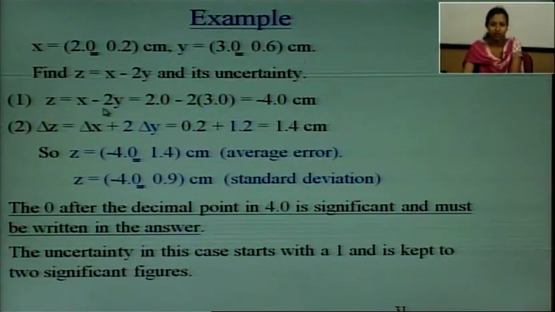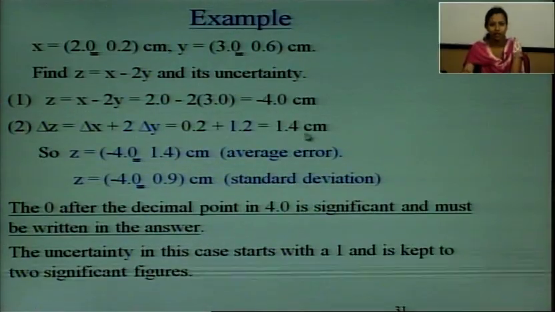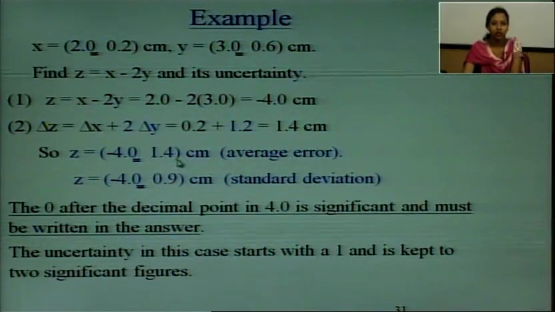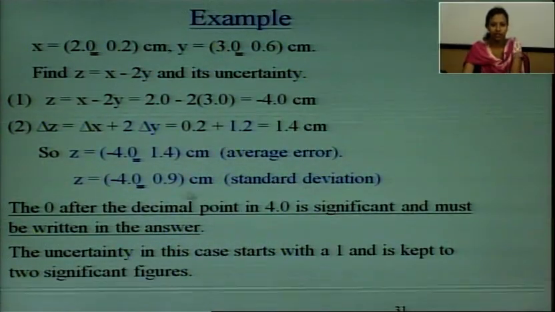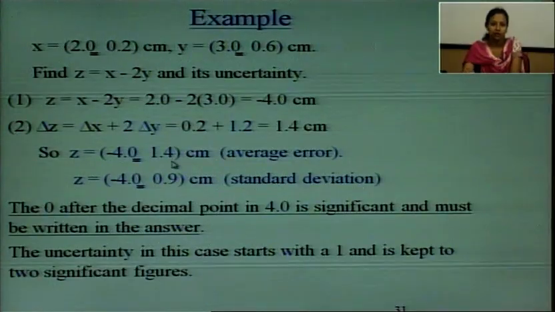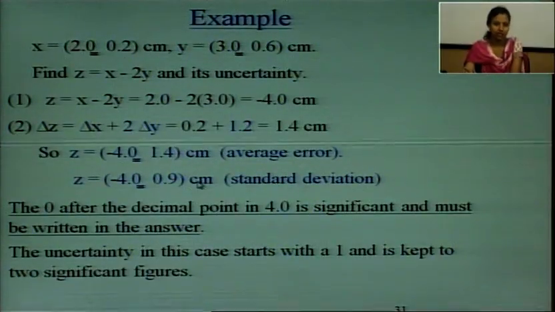X is 2, Y is 3, so Z is equal to minus 4, and delta Z is equal to delta X plus 2 into delta Y, which is 1.4 centimeter. So with the average error it is 1.4, but with the standard deviation it is 0.9. These two are the values depending upon the average error or standard deviation.